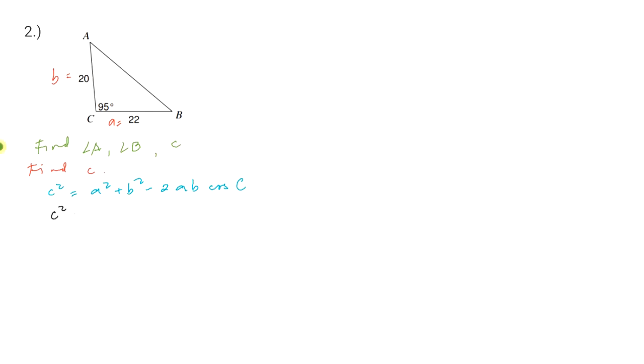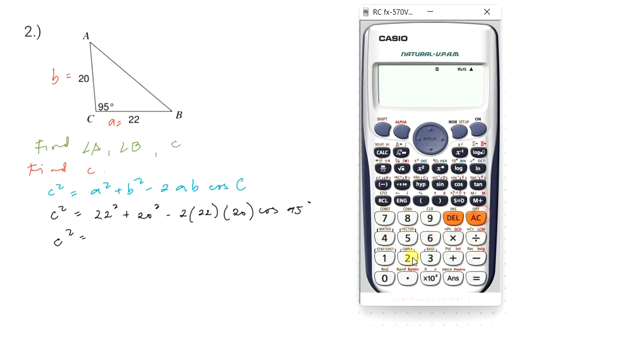So we have C squared is equal to, our A is 22, so 22 squared, plus our B is 20, so 20 squared, minus 2 times 22 times 20 times cosine of our angle C, which is 95 degrees. Let's simplify: 22 squared plus 20 squared minus 2 times 22 times 20 times cosine of 95 degrees.